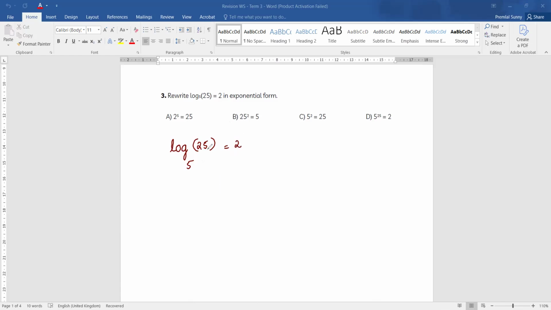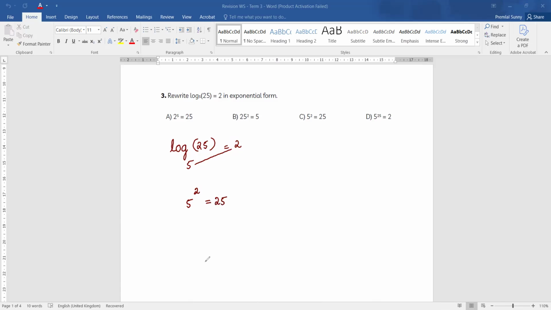Now here we are converting logarithm to exponential. To convert logarithm to exponential, you just draw a cross line like this. It is much simpler to convert from logarithm to exponential. So 5 is getting connected to 2, which is equal to 25.